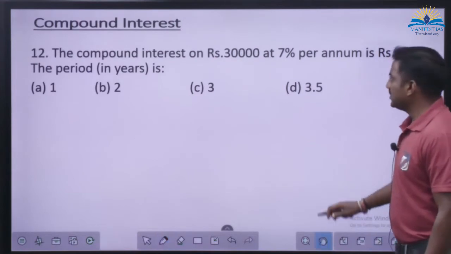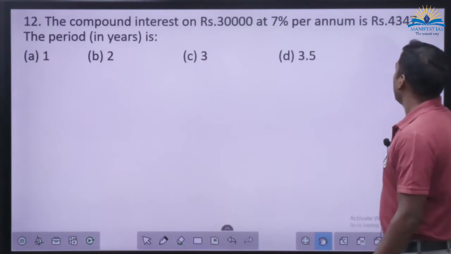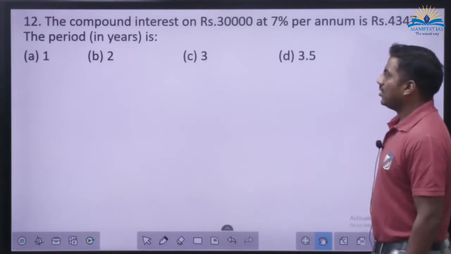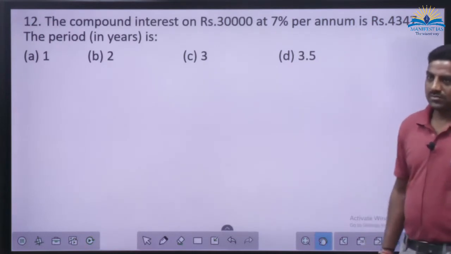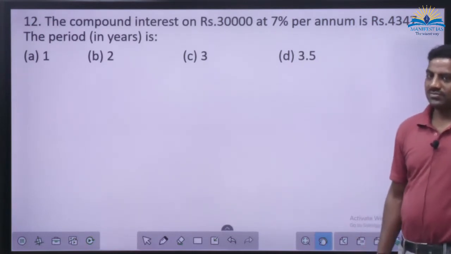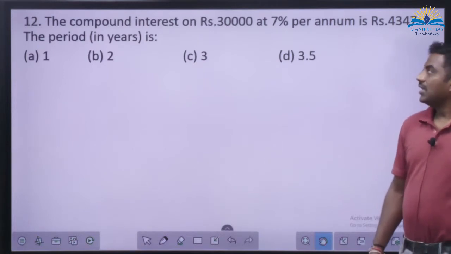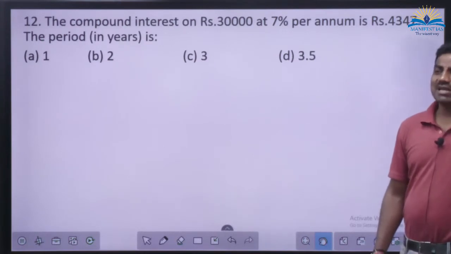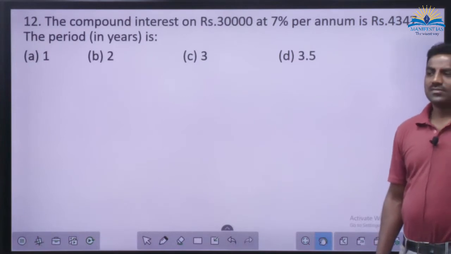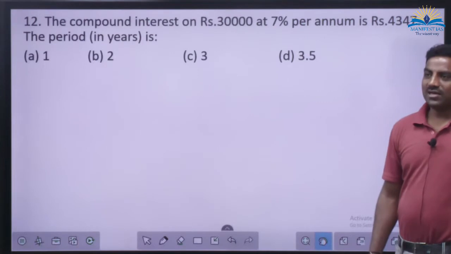The compound interest on rupees 30,000 at 7% per annum is rupees 4,347. The time period is? Just think. You are keeping 30,000 and the rate of interest is 7%. At least calculate in the first year how much you are getting. How much you are getting in the first year? 2,100, right?